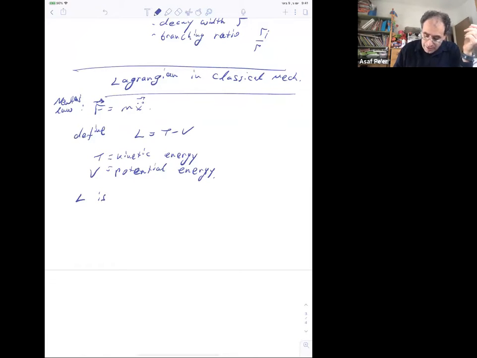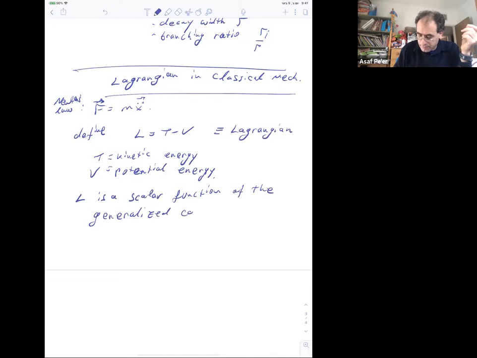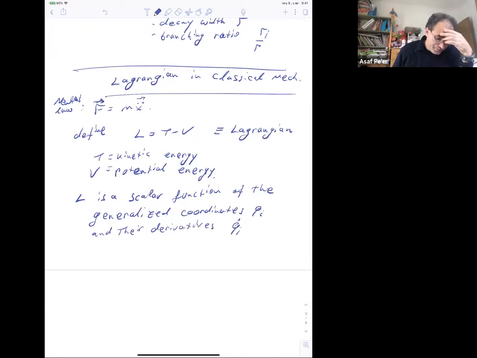L is a scalar function of the generalized coordinates q_i and their derivatives q dot i, right?